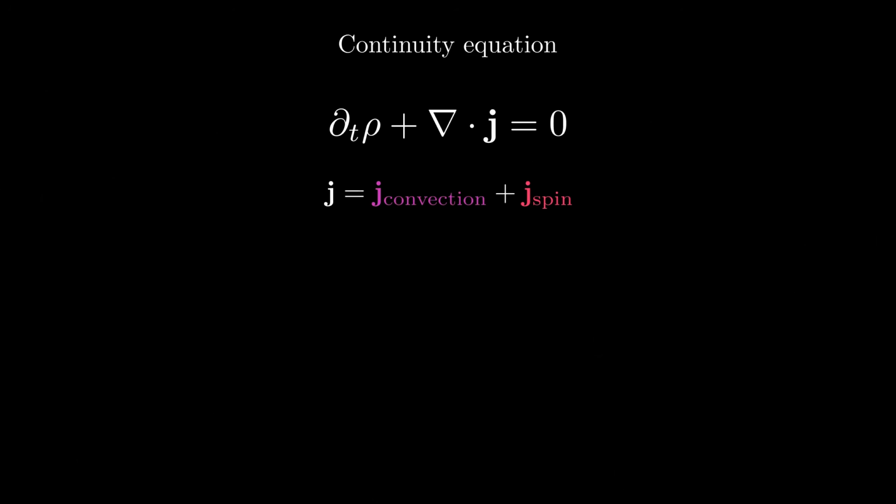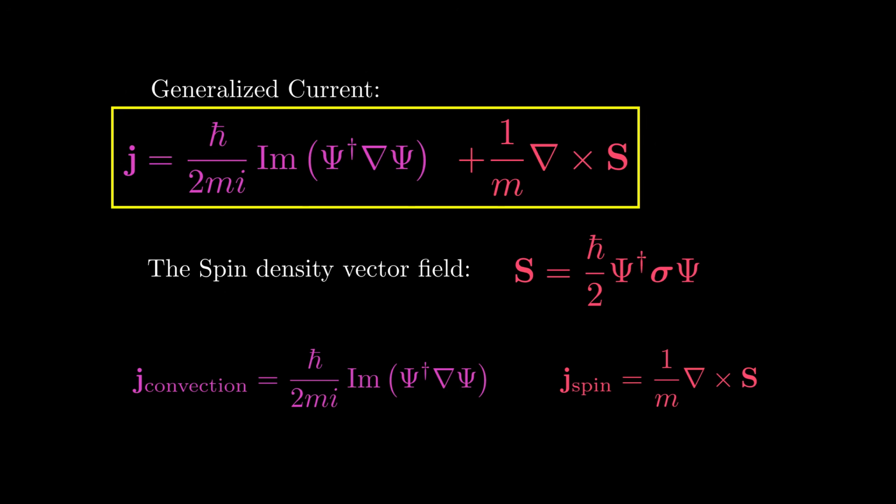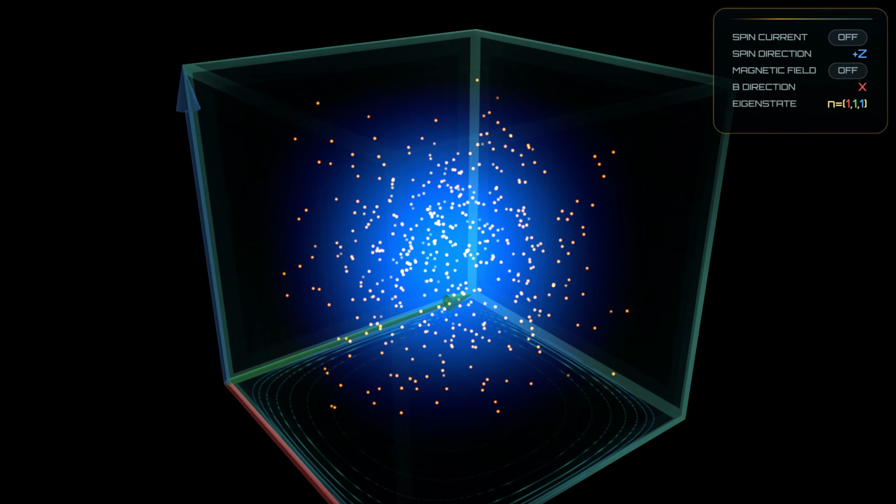We see that the continuity equation takes the divergence of the current, and the divergence of any curl is automatically zero. So, this spin current term does not affect the density evolution. But it does change the local current field, and therefore it can strongly change Bohmian trajectories.